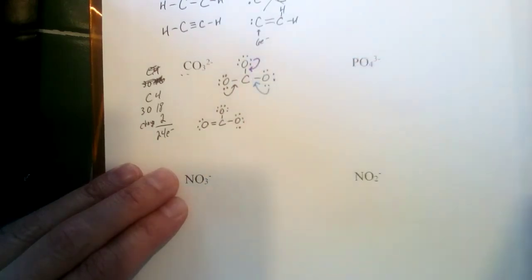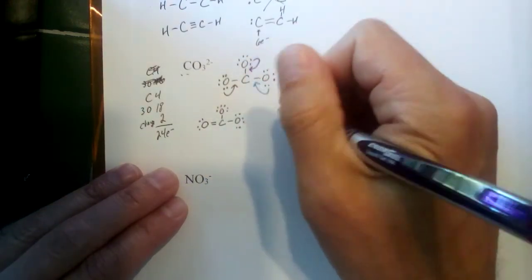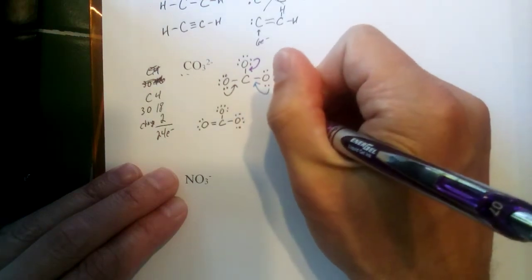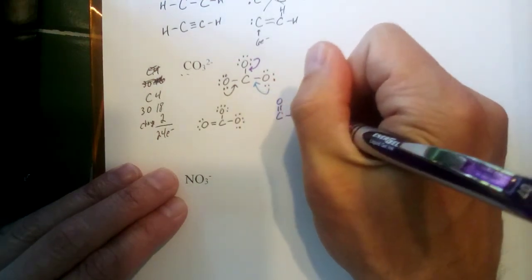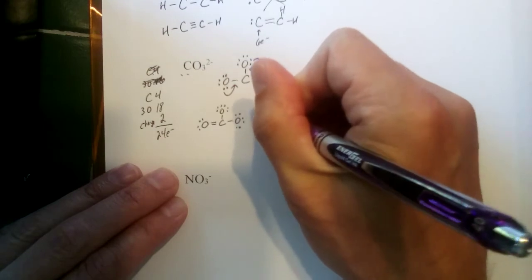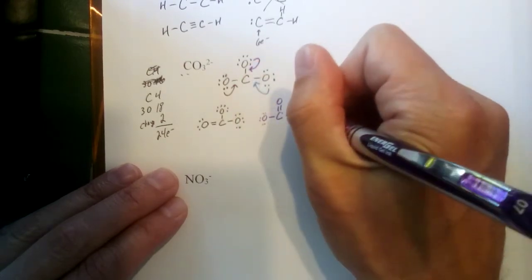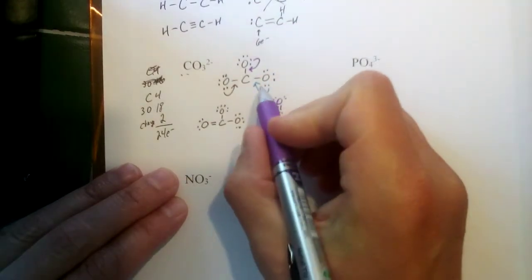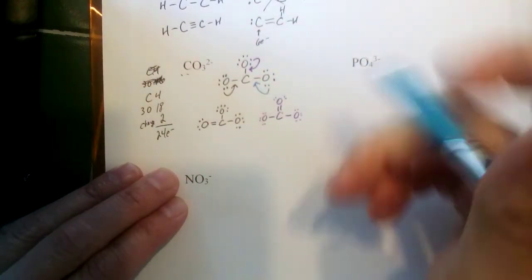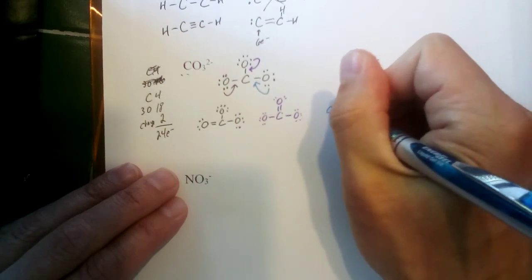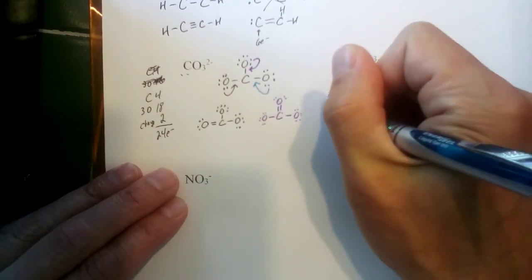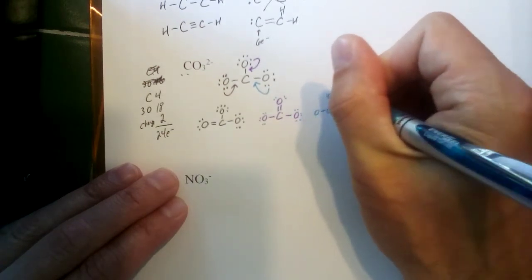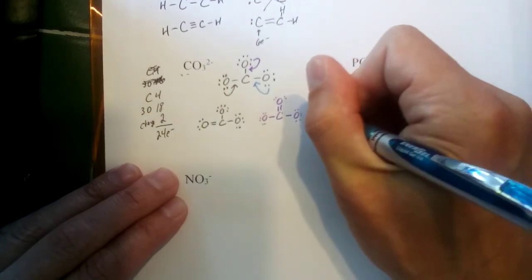The second one, the arrow from the top, would have the double bond in a different place. And then the singly bonded oxygens are also in different places. And the third one would have the double bond off to the right, also a different place from where the double bond is in the other two structures.